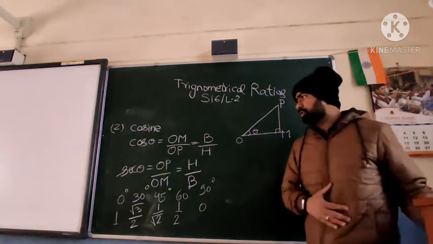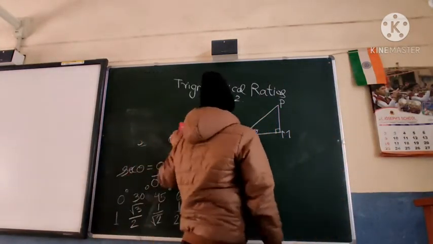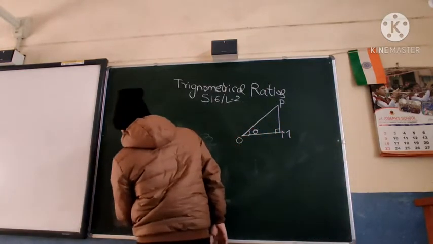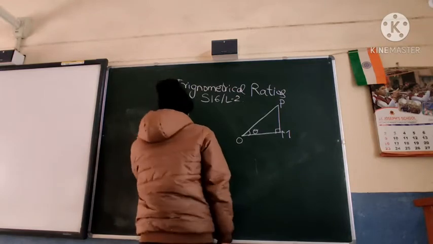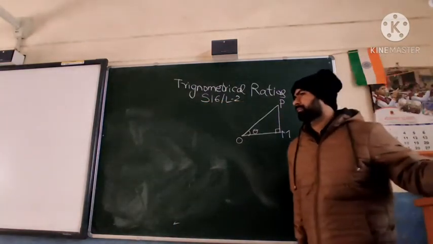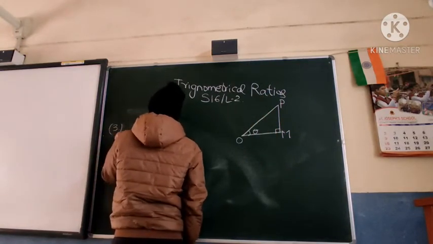The next ratio is called tan. The third ratio is tan. These are the three basic ones.